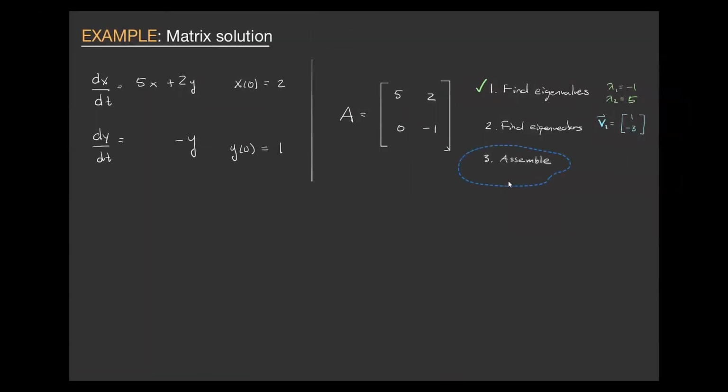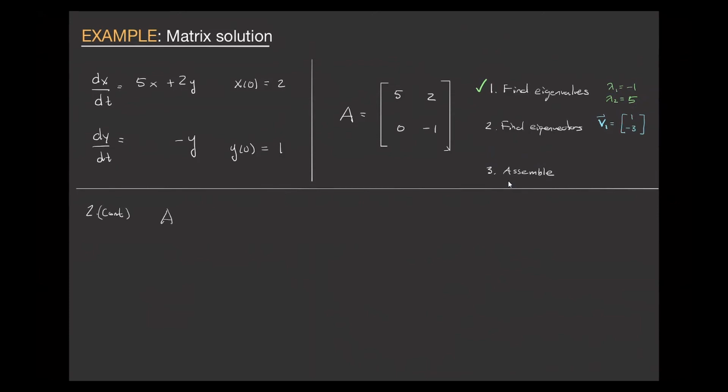We've got to find one more, that is V2, corresponding to lambda 2. So we're still on 2, continued. We then say that, as always, A times V is equal to lambda times V. Okay, so we're going to take lambda 2, where lambda 2 is equal to 5.